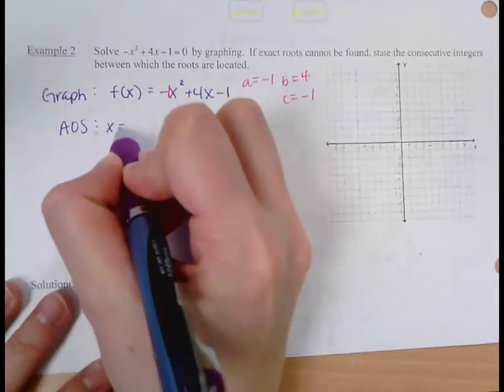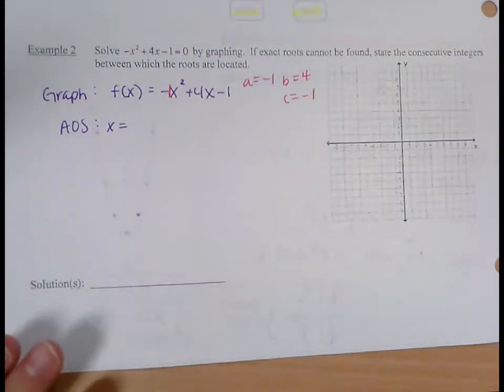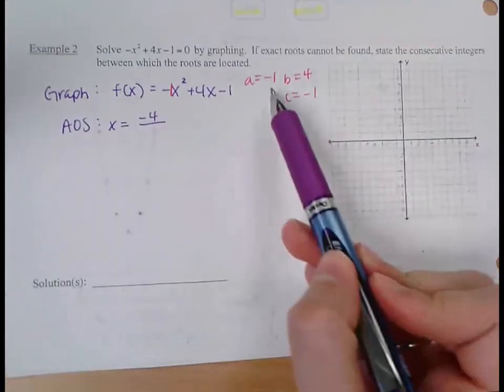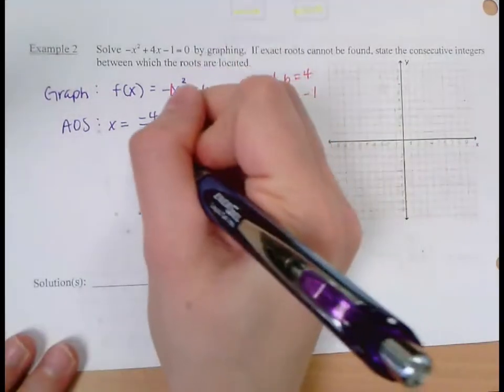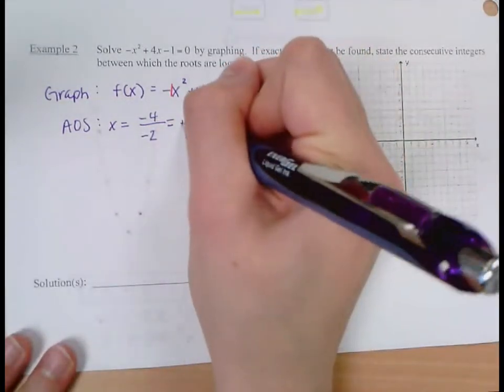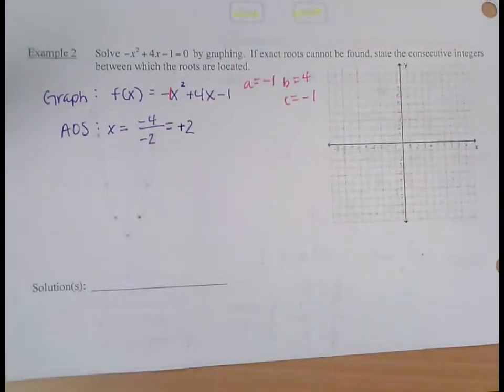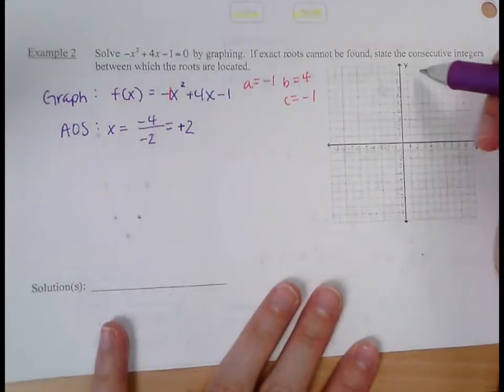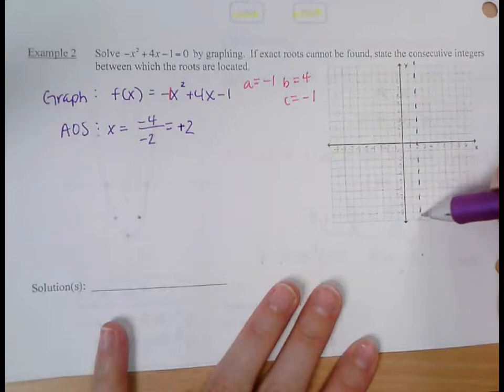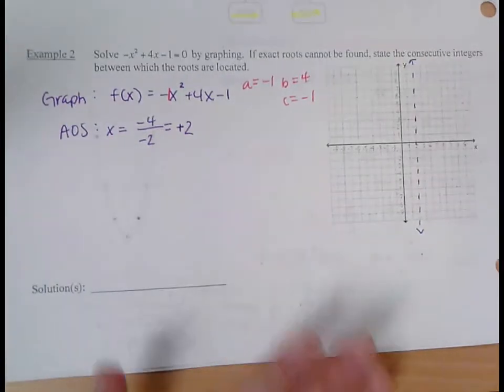So for our axis of symmetry, x is the opposite of b, that would be -4 over 2 times a. So 2 times -1 is -2. -4 divided by -2 is +2. So at the x value, +2, I can draw in the axis of symmetry.